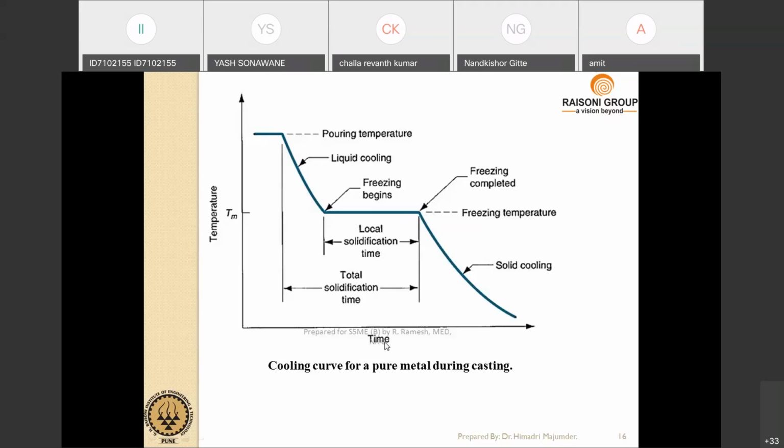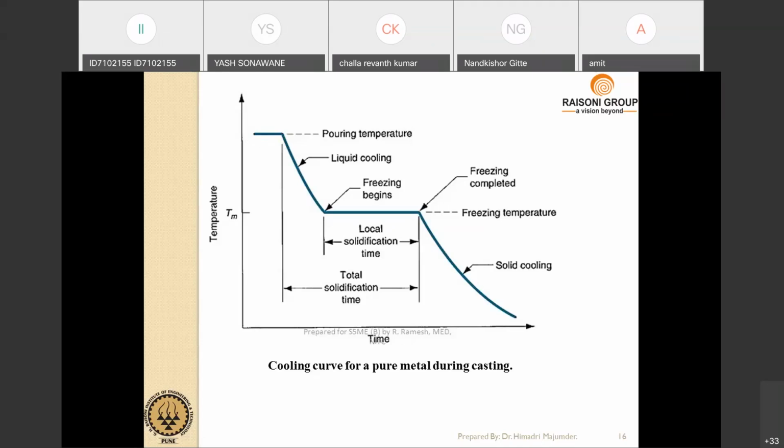Here again, the independent variable, which is time, is kept on the x-axis, and the dependent variable, which is temperature, is kept on the y-axis. In the curve you can see first the pouring temperature, which means we poured the liquid material here, and after that liquid cooling, which means we completely poured it into our die cavity.